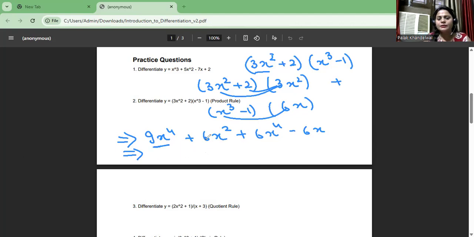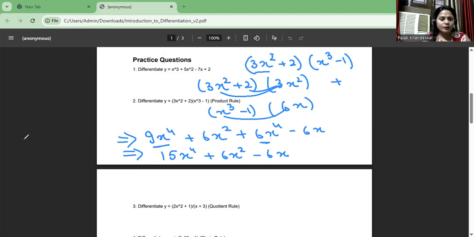This 9x4 and 6x4 are like terms, right? So I will add them. This is 15x raised to power 4. Then the second term is 6x square minus 6x. That's it. So this was for the product rule, that u times the differentiation of v plus v times the differentiation of u.